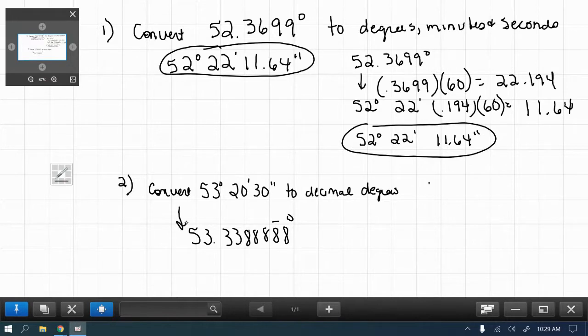If we're going to do it by hand, 20 minutes, 30 seconds. So you want to divide the 30 by 60 first. That would give me 0.5. Bring the 0.5 in, that would be 20.5. Bring the 53 straight down.